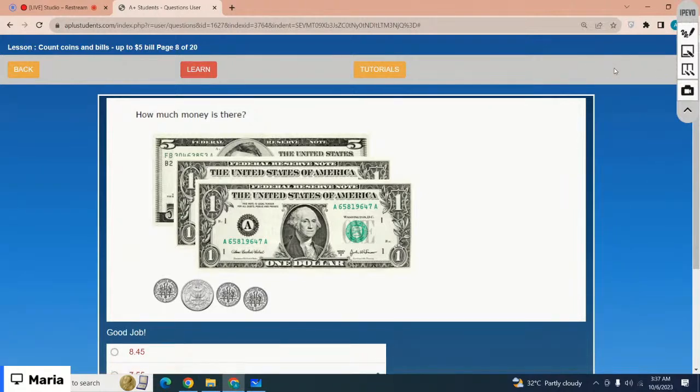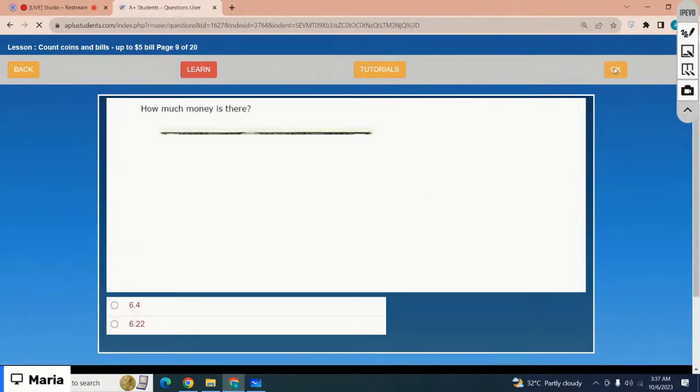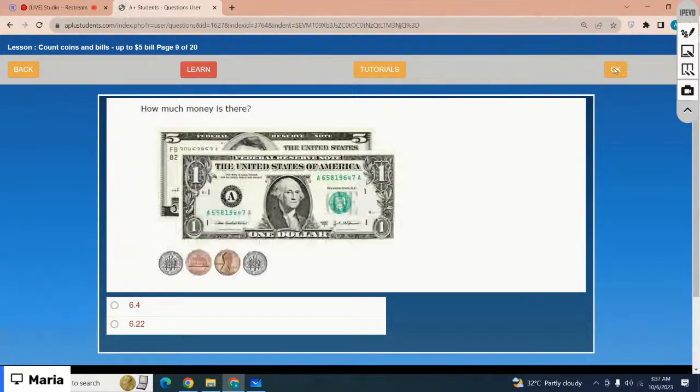Okay. How much money is there? Which is the correct option? 6.4 or 6.22?